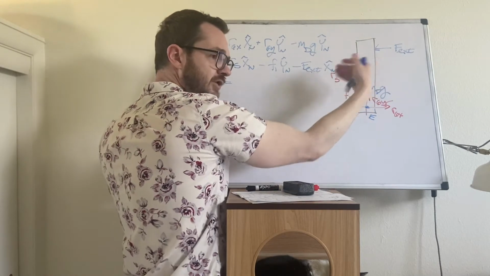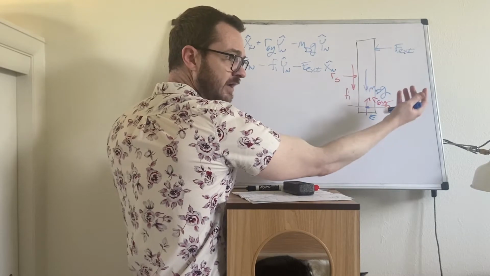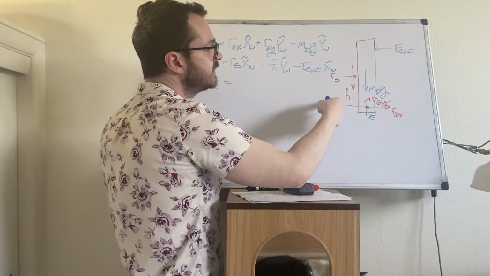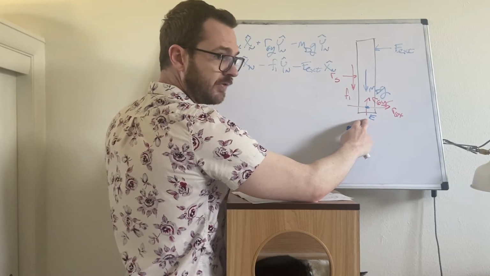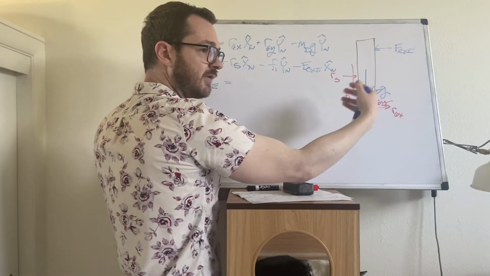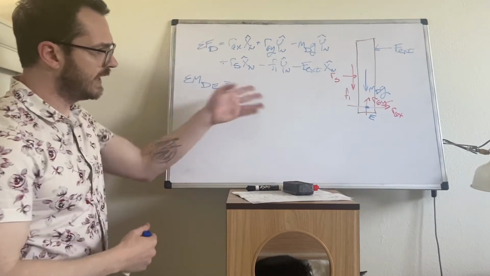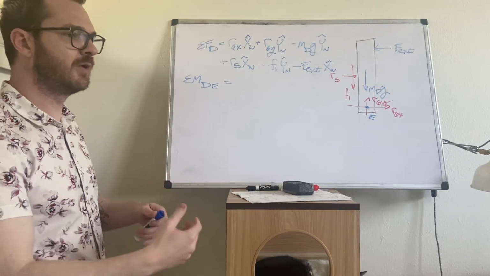F external is going to generate a positive moment. R5 is going to generate a negative moment, and the friction force will also create a moment. Now, the moment arm for the friction force is fairly small, but the way we've drawn it, it would actually create a positive moment. And this is an interesting point, that the friction creates a moment.